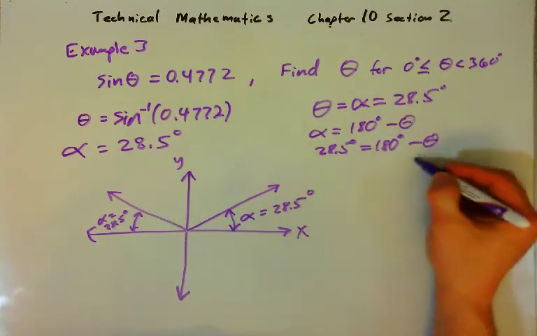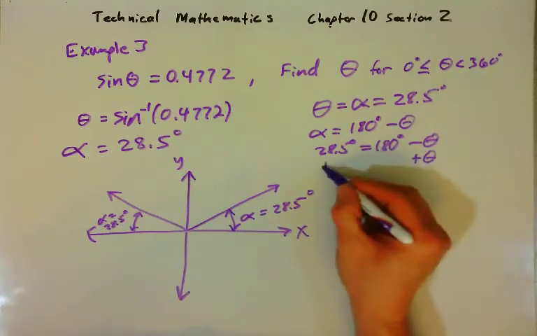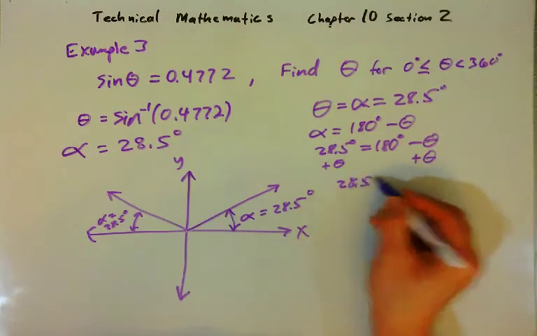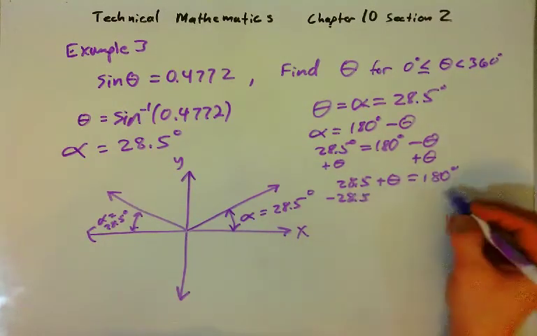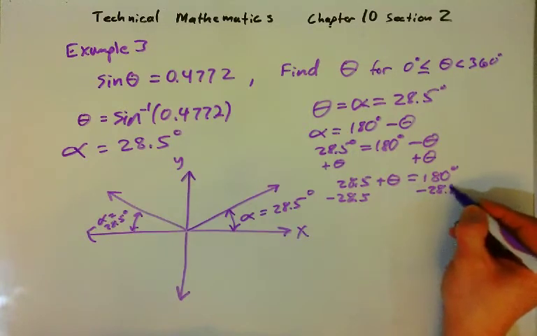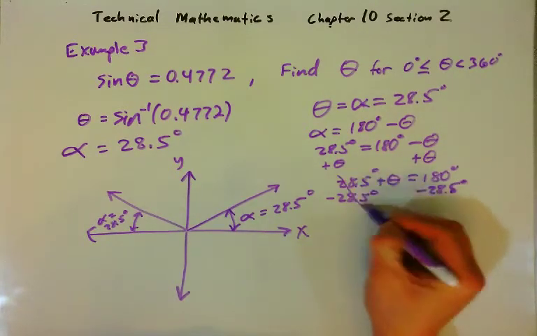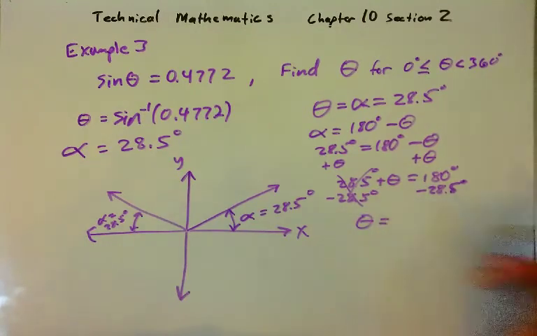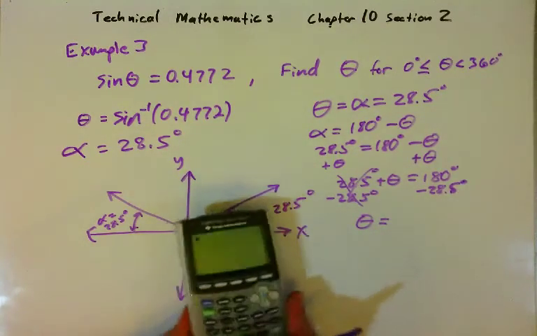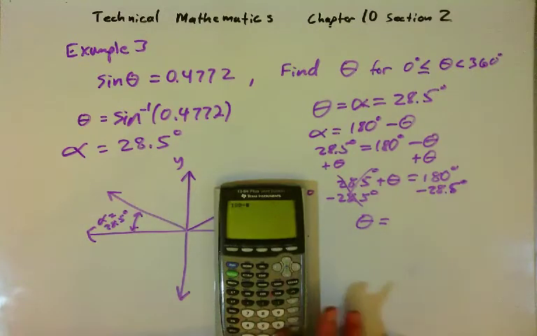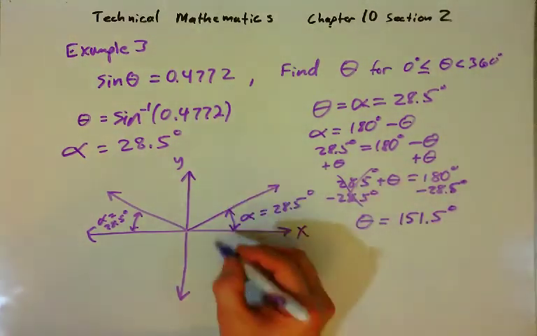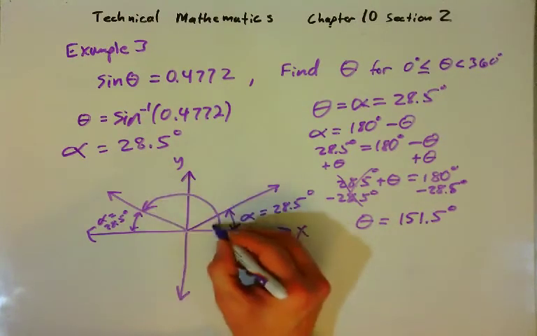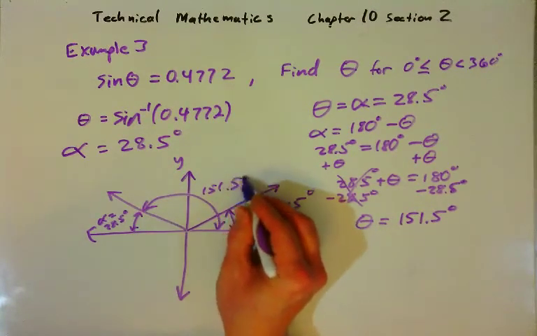So we need to add theta to both sides so that it will be positive. And then we need to subtract 28.5 from both sides. So these cancel, and we get theta equals 180 minus 28.5, which is 151.5 degrees. And so the other possible answer for theta is 151.5 degrees.